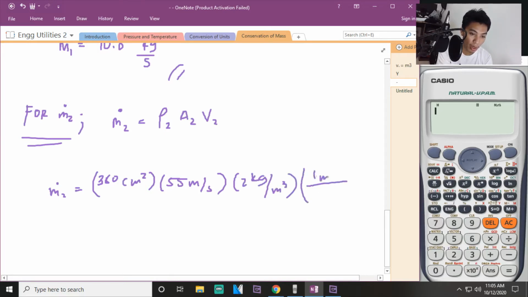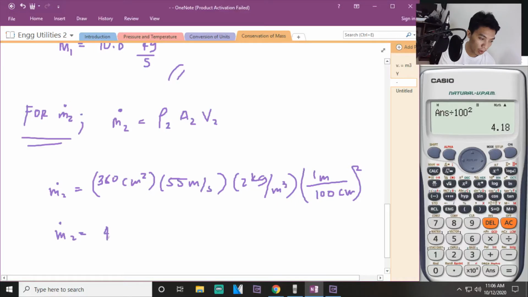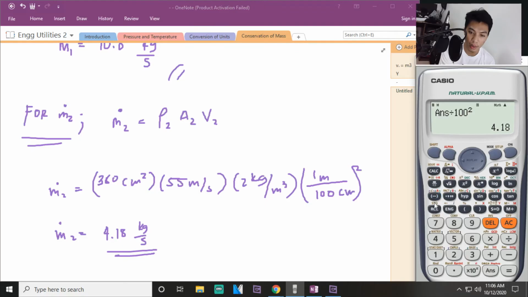Multiply mo na lang 1 m divided by 100 cm, squared natin. Then, the resulting value for M2 will be, yan. So, 380 times 55 times 2 divided by 100 squared. The answer will be 4.80 kilogram per second. Yun. So, we will store this para makuha natin si M2.